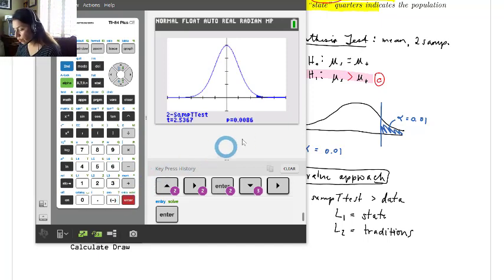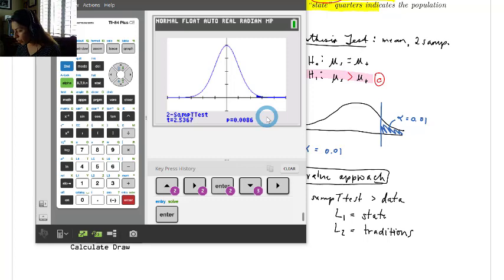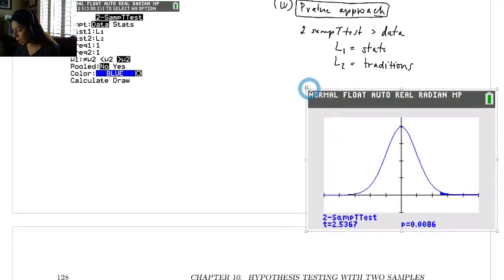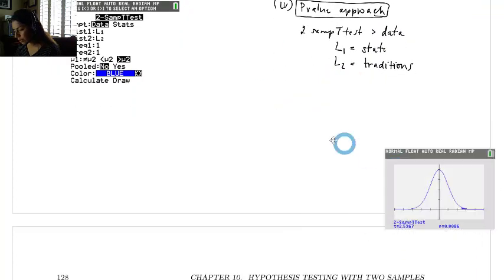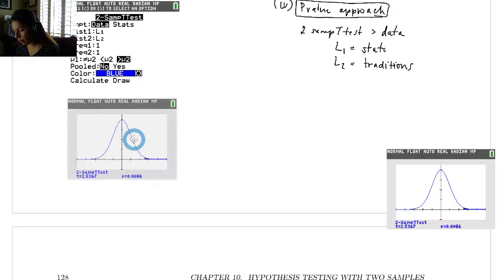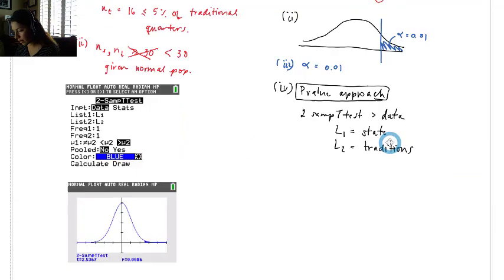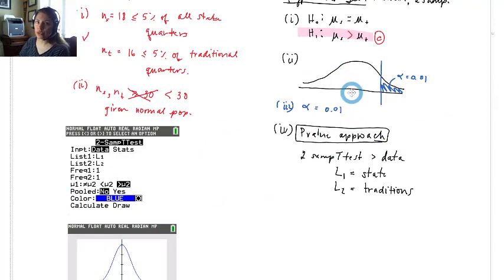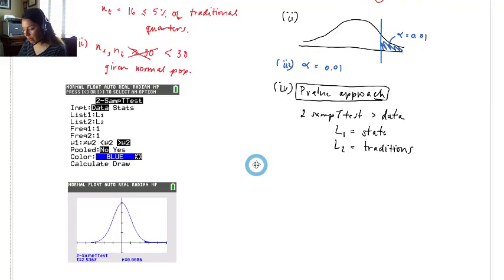So if you hit draw, what you could do is have it just drawn on the calculator to give you a good idea of what it would look like rather than my hand drawing. So number 2 is really just a visual.